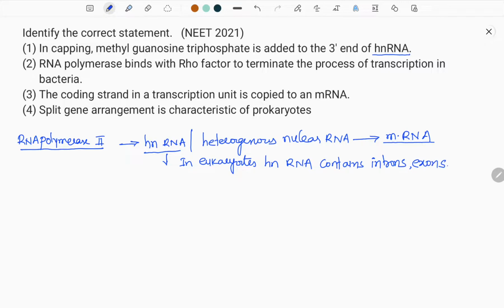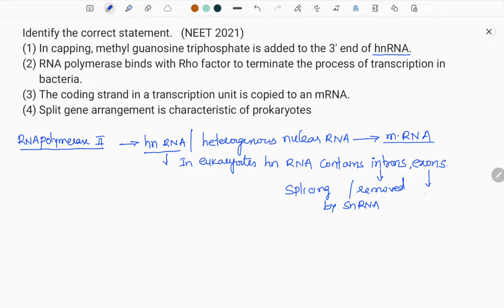Simply remember that introns are not useful at that time, but exons are useful at that time. So these introns are removed. Removal of introns is called splicing. This splicing is done by the spliceosome, that is snRNA, small nuclear RNA, that is produced from RNA polymerase 3.